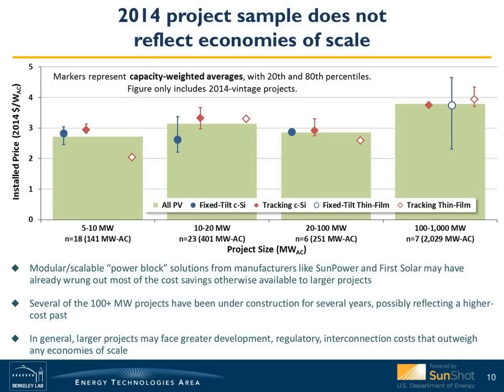And that may be due to the more modular or scalable power block design used by many developers or manufacturers that may have already wrung out most of the cost savings in comparison to commercial or residential installations. And so within one utility scale project, there's just not as much of additional saving achievable if you really scale up beyond those initial power blocks.